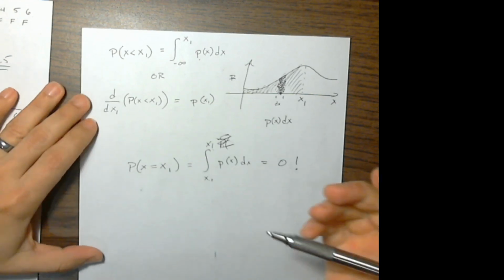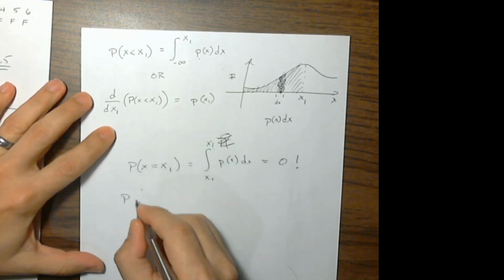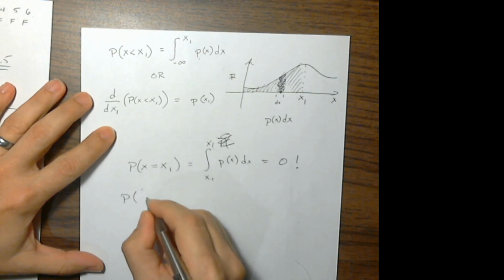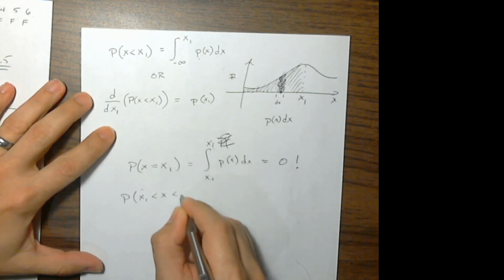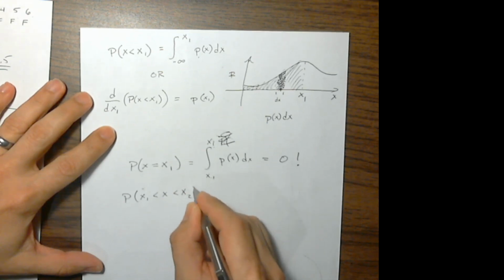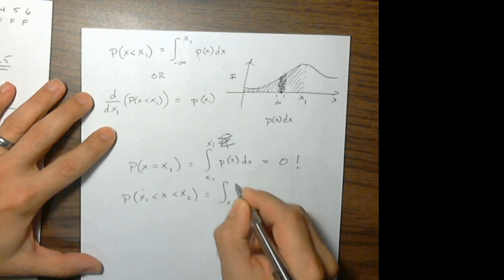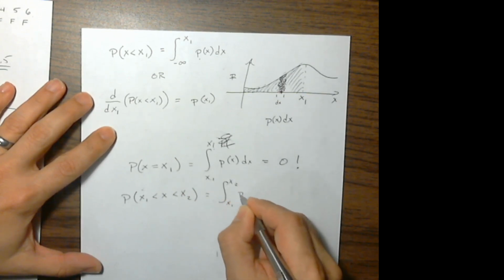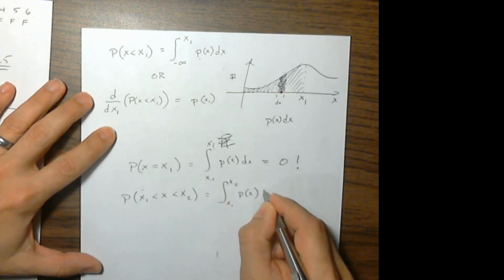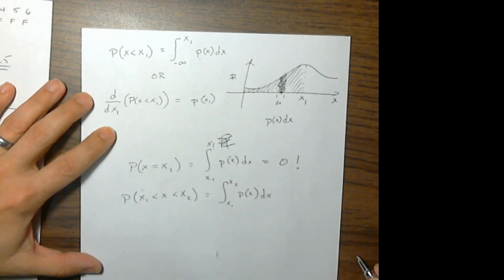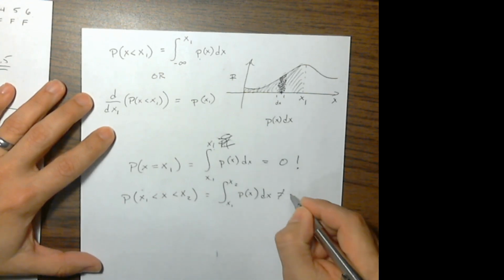Whereas, here's a nicer way to write it. Beautiful. Well, that looks pretty good. And that is not equal to 0.